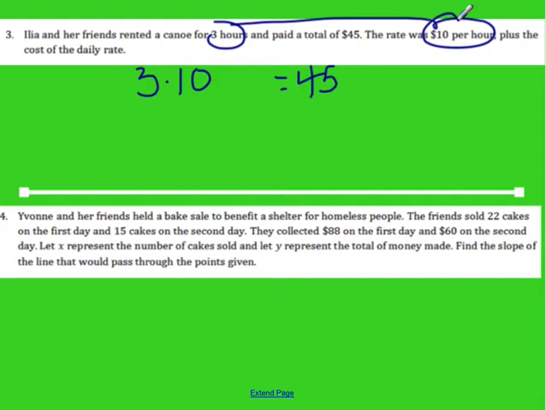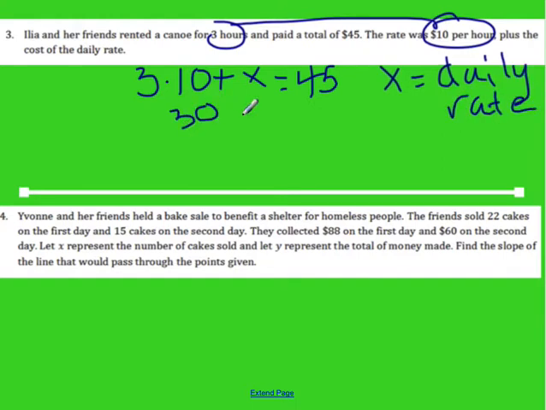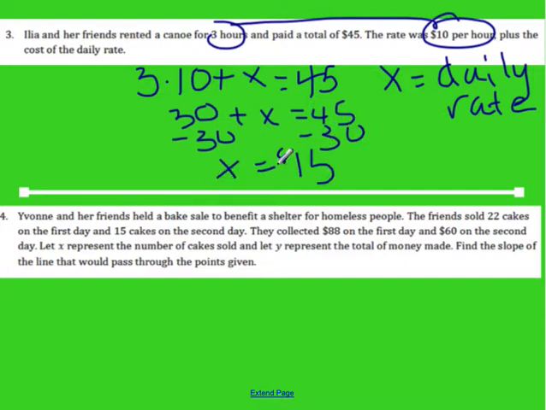Then we need to add an x, and that x is going to represent the daily rate. Now we need to solve this for x. So I get 30 plus x is equal to 45. To solve for x, I'm going to subtract 30 from both sides, and I end up getting that x is equal to 15. And since we're talking about money, I'm going to label it $15. So the daily rate was $15.